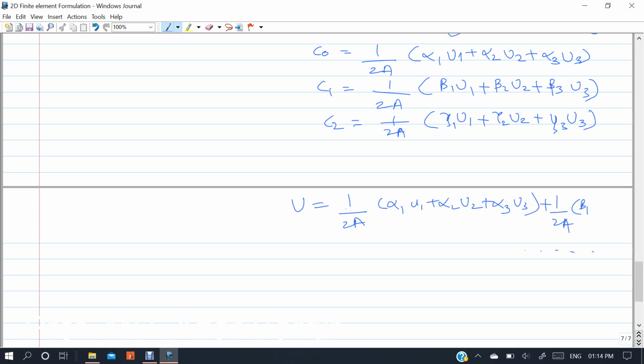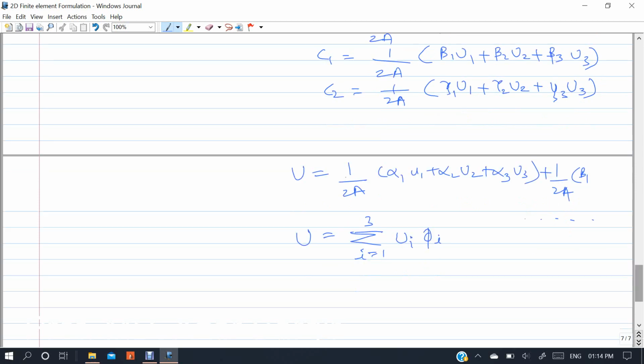Okay, and so u equals the summation over the 3 nodes, i equal to 1 to 3, ui phi i.